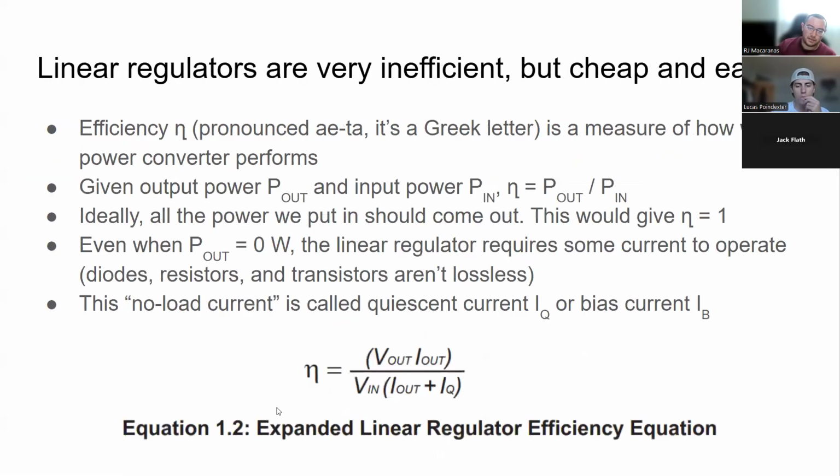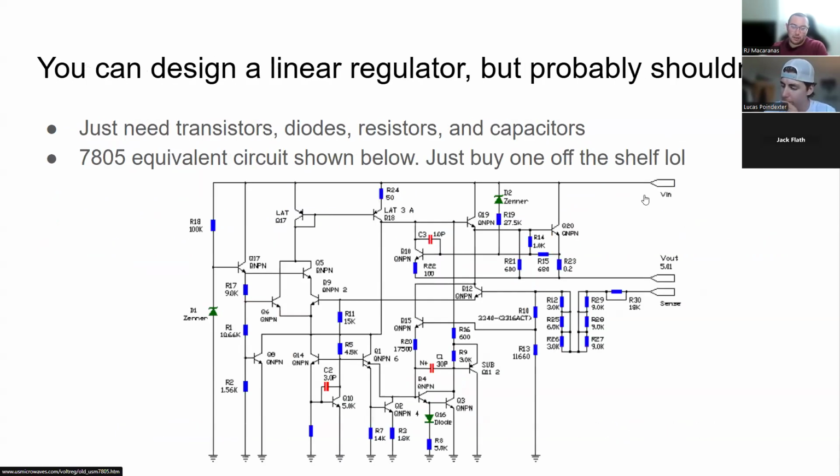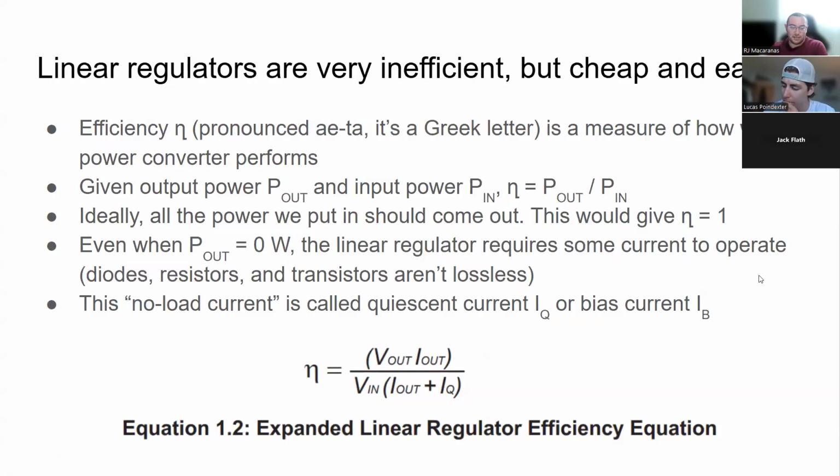That's usually denoted by a bias current I sub B or a quiescent current I sub Q. This is what we call the no load current. It's basically the current needed to operate all of this other auxiliary circuitry, and it's always being drawn from the input.